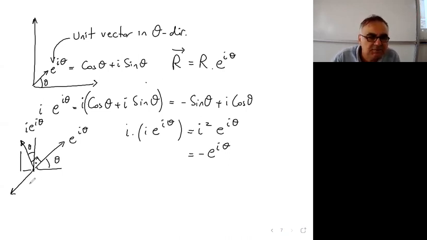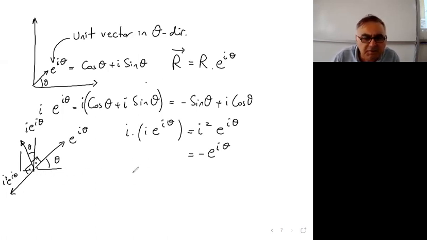So this is i squared e to the i theta. So I multiplied it by i again. I rotated my vector again 90 degrees more, okay?